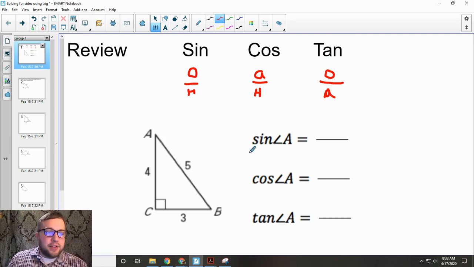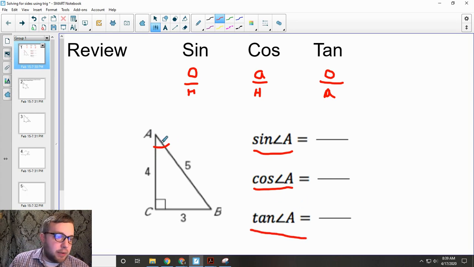All right, so it says find the sine of angle A. I'm looking only at angle A here. Now notice all of these have A, and this is just a quick review. So I'm going to label all the sides off of angle A. Remember, if it's a different angle, you'll have different labeling. The opposite of A is 3.